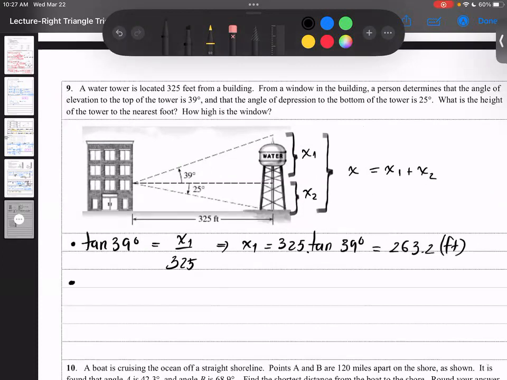Can someone tell me the formula for x2? Tangent 25 equals x2 divided by 325. So x2 is 325 times tangent of 25 degrees, about 151.5 feet.